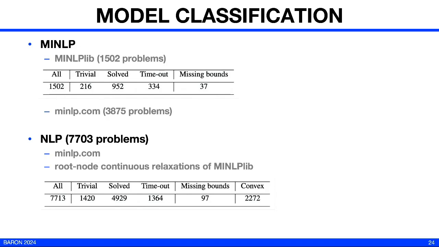And once any solver claims there are missing bounds in the model, we classify that model into the final missing bounds category. And for all the other remaining models, we label them as solved. So we compared all these solvers on these solved models.